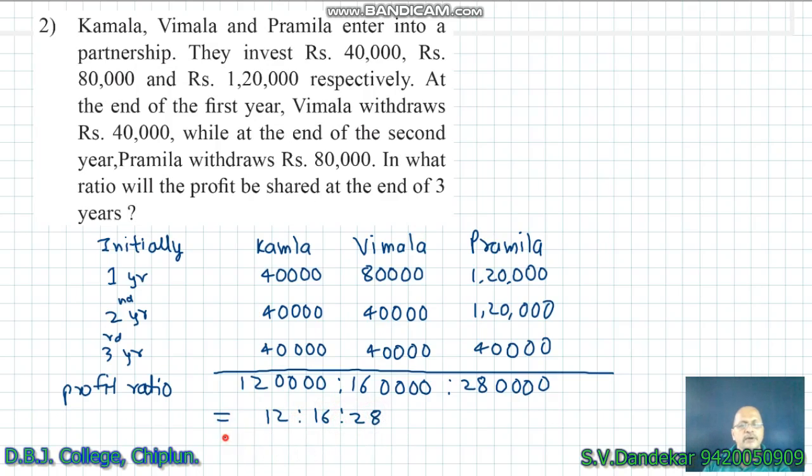We can divide by 4. 3 is to 4 is to 7. This is the ratio in their profits.